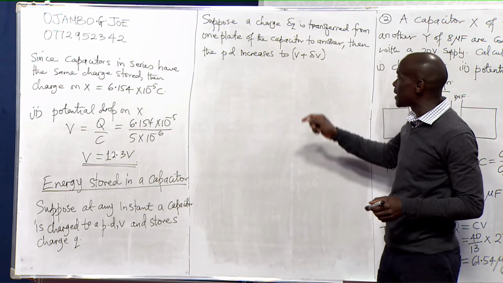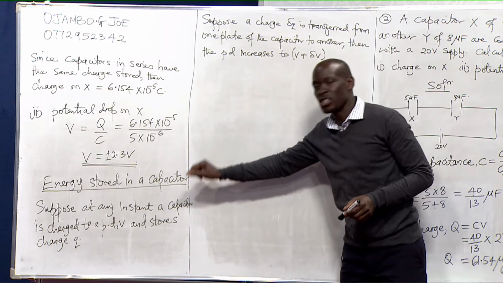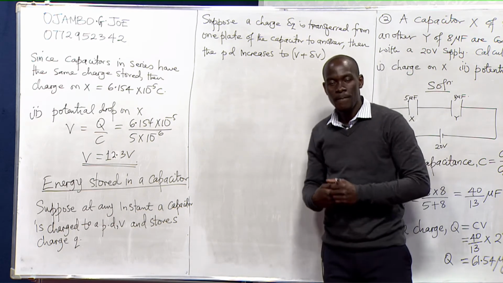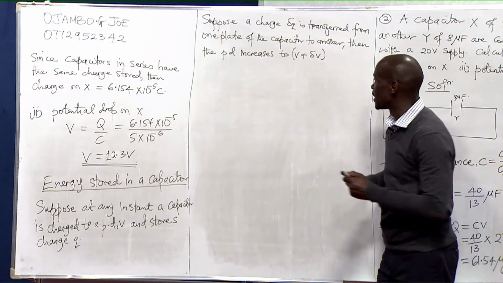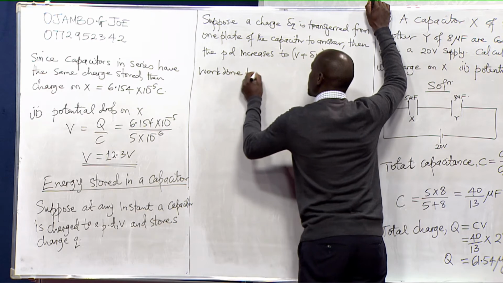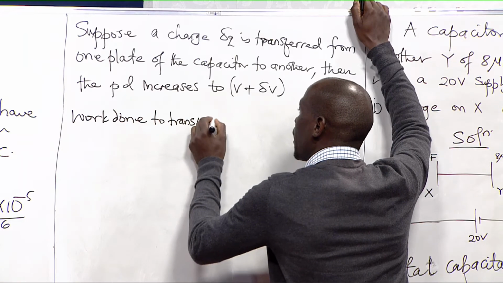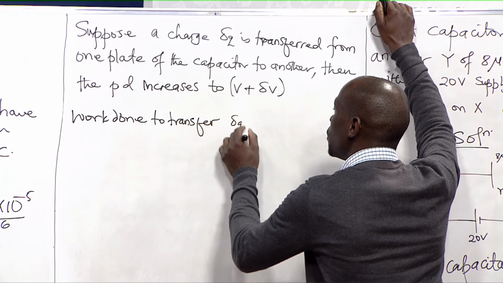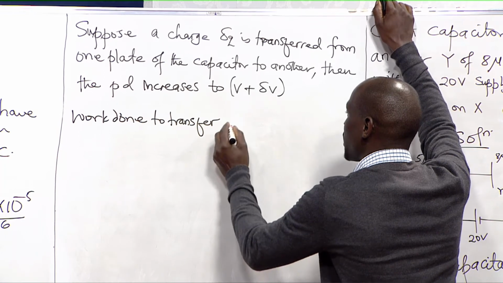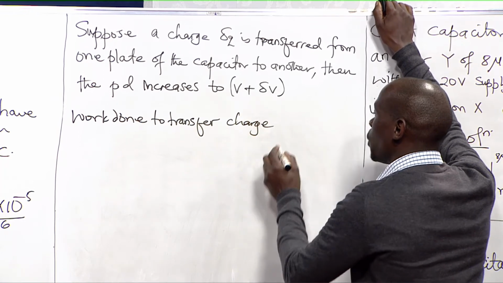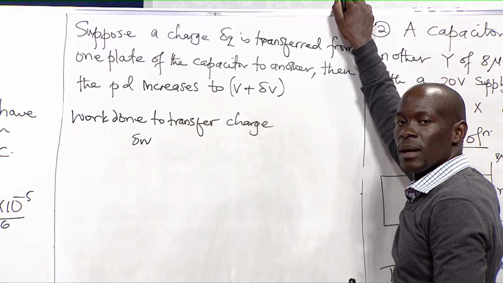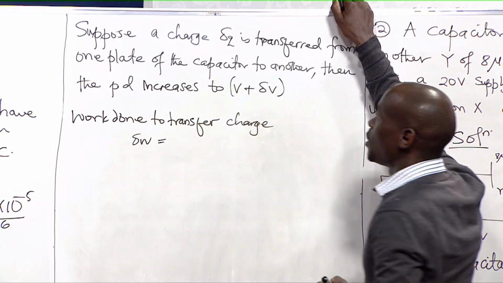And now we know that as the charge is transferred from one plate to another, there is work done. So what is the work done in that case? Work done to transfer the additional charge, the small work done in charging that capacitor, will be given by, what do we know?